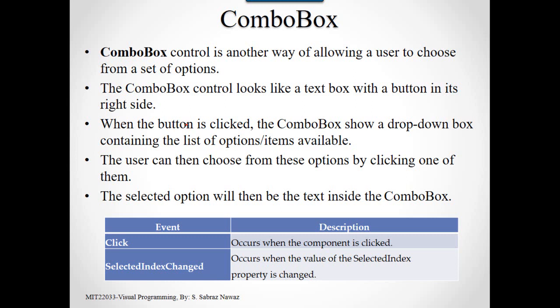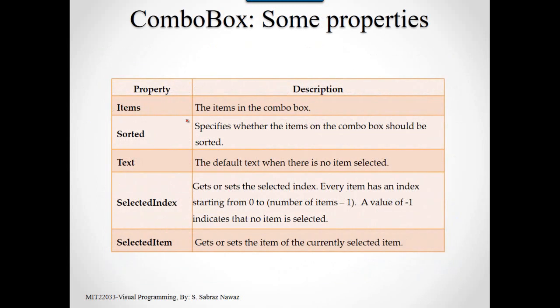So when you click on this black color button, you will see a list of items displayed. The user can choose from the list available. The click event occurs when the component is clicked, and selected index changed occurs when the item selected is changed, similar to the list box.